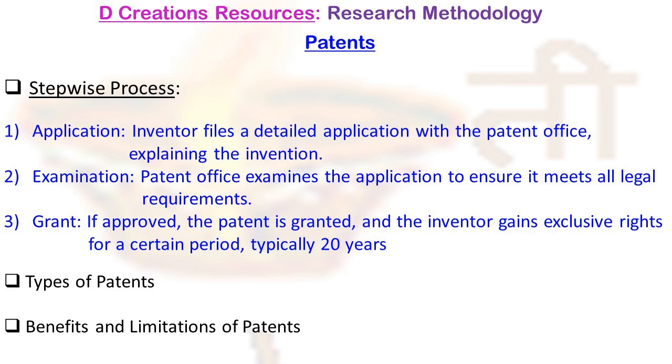So, we saw that when you're filing a patent, you need to give all the details of the invention. So, when the patent is granted, these details become public. They are no more a secret, and others can build on these details. But that's a limitation you have to face if you want to get a patent.